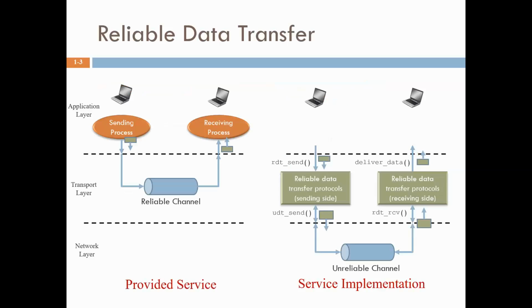The next service that we will discuss is reliable data transfer. It's a very important service that distinguishes TCP from UDP. And in reliable data transfer, the objective is to do what you see in this slide. In communications over the internet, you have a sending process and you have a receiving process.